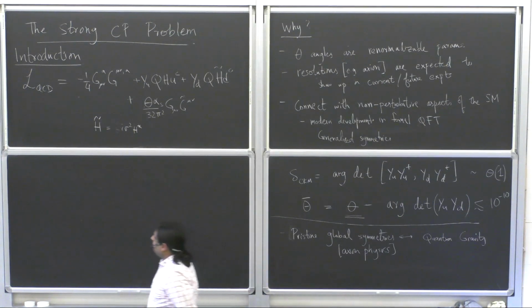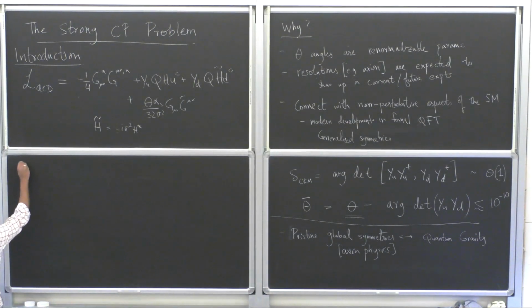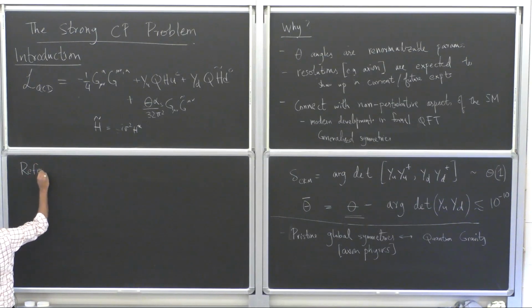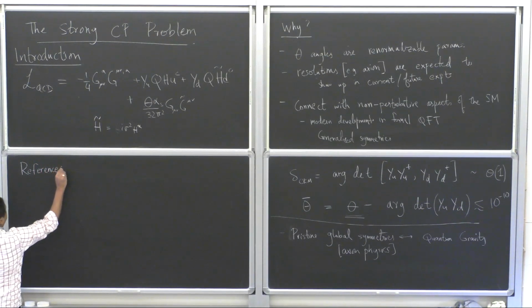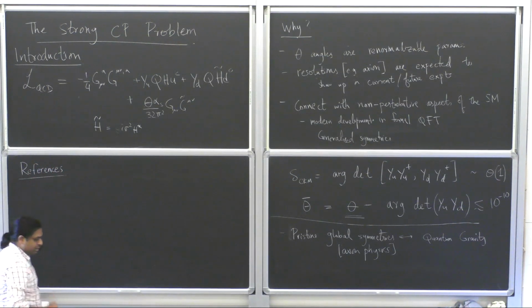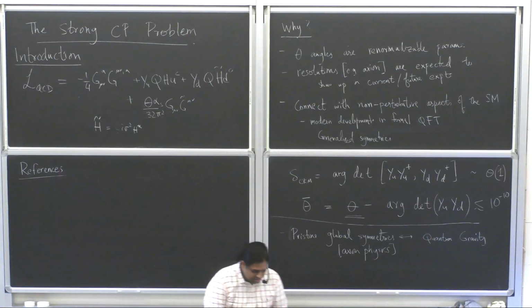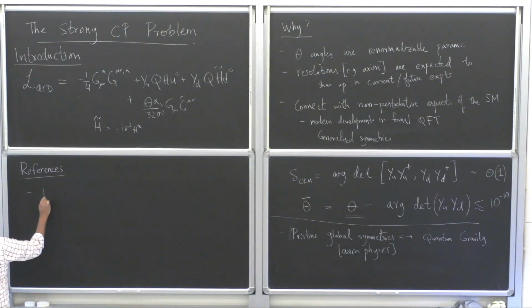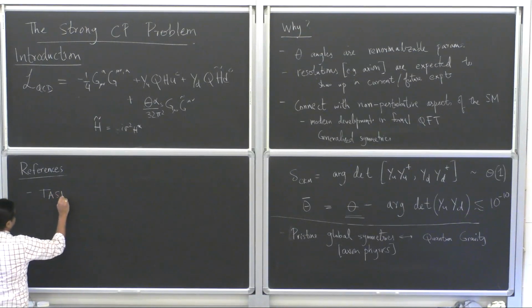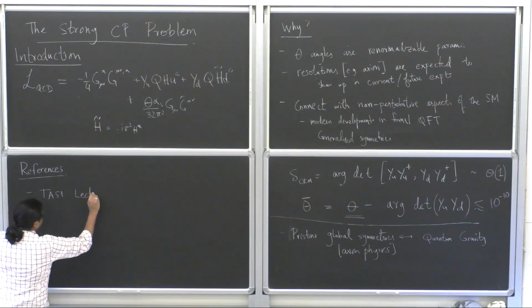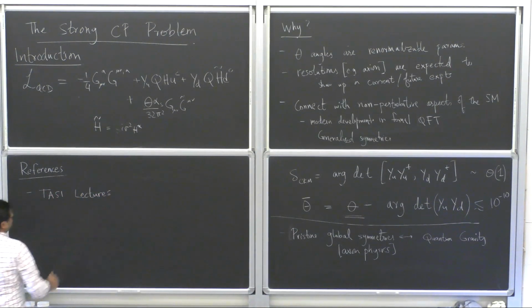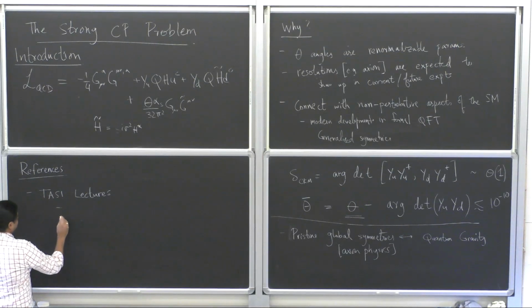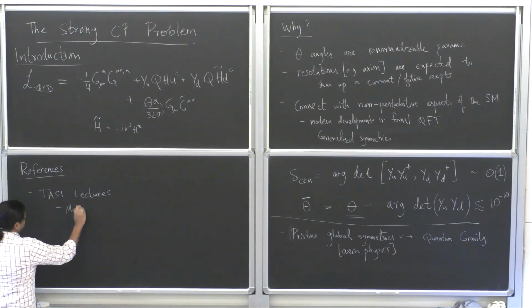Let me give you some references, general references. I'll probably give you slightly more specific references when we are dealing with a specific topic. So there's a large set of TASI lectures, recent and less recent, which are worth reading. The more recent ones, there's a set of TASI lectures by Matt Reece.